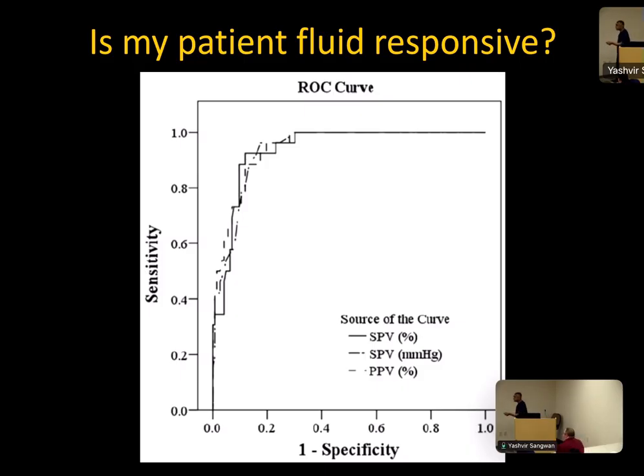And what we call AUC, area under the curve, of 0.95 is a very, very good test. In people who meet the criteria, it will actually tell you whether you are fluid responsive or not. And if you are fluid responsive and you don't have right ventricular distension and you don't have pulmonary edema, give fluid.